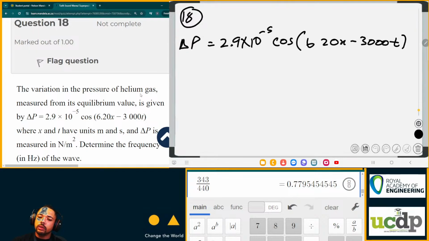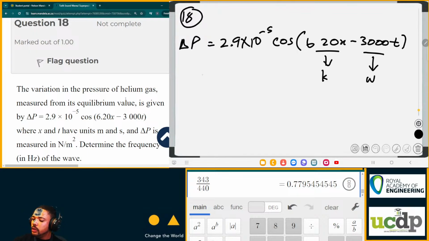Now determine the frequency in hertz of the wave. This is the k value, the angular wave number, and this is the angular frequency.